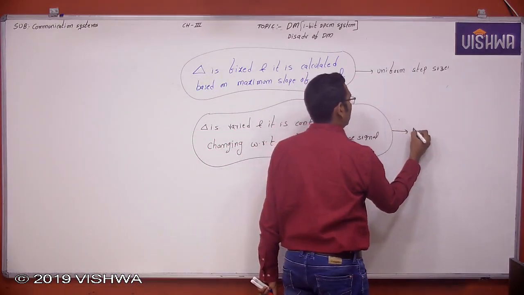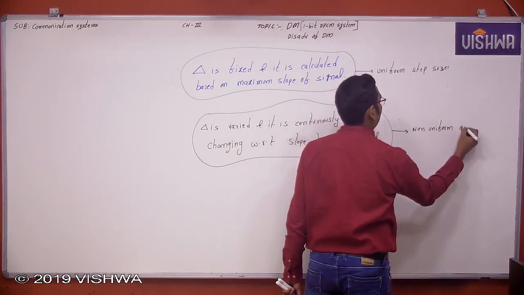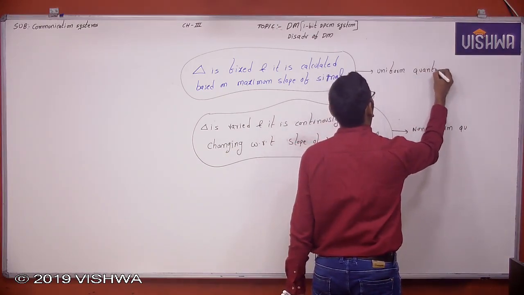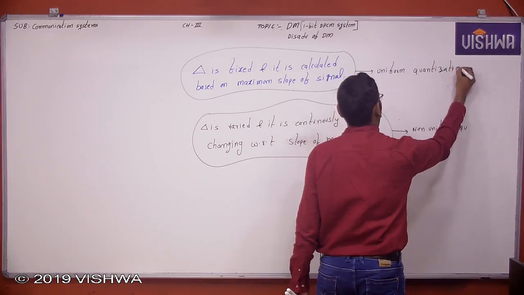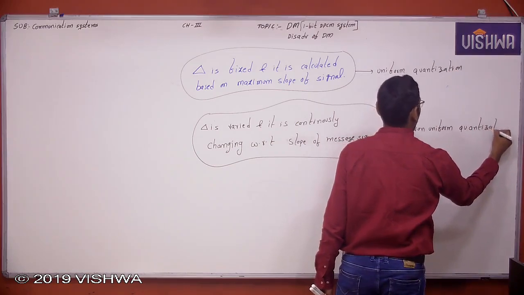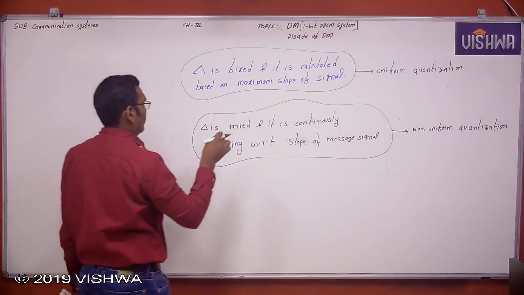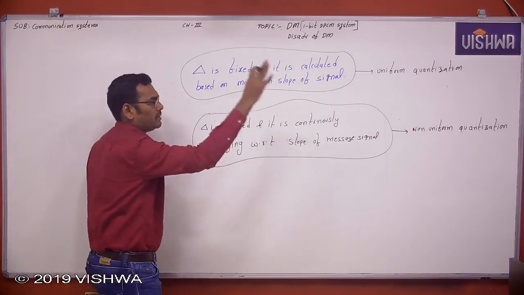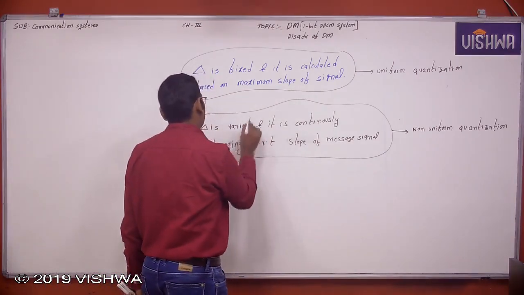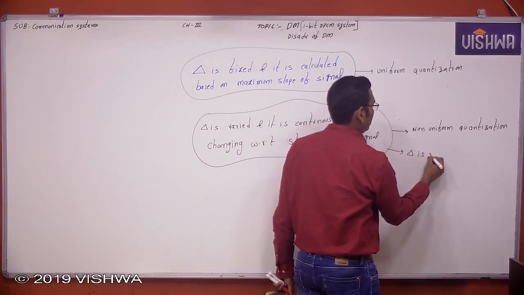Now this is called non-uniform quantization. This process, where the step size is fixed, is called uniform quantization, and this process, where it is not fixed, is called non-uniform quantization. Now here the step size is variable.